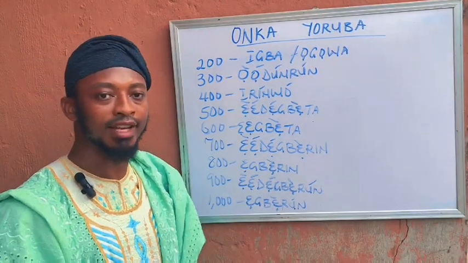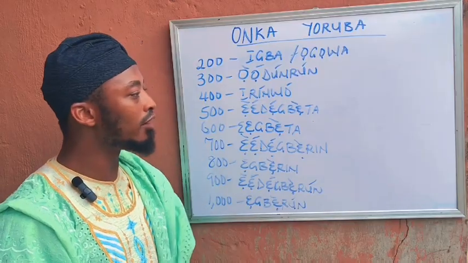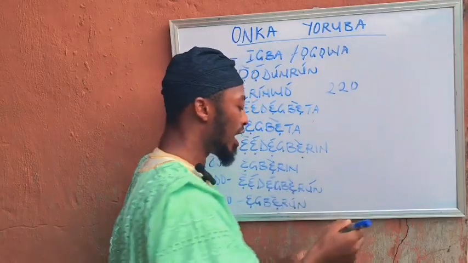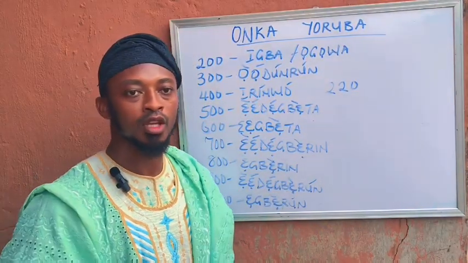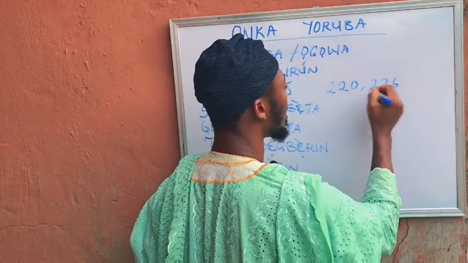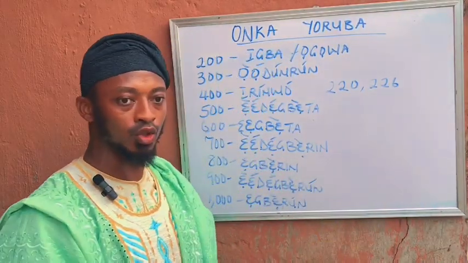But now the question arises: what if we have a number like 220? How do you say this in Yoruba? Or when you have 226, how do you say these numbers in Yoruba?